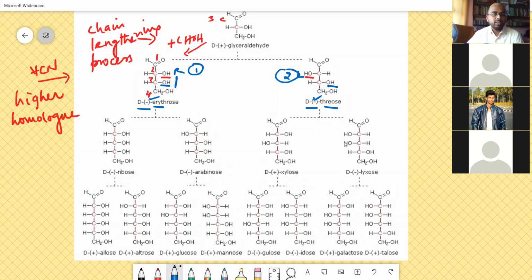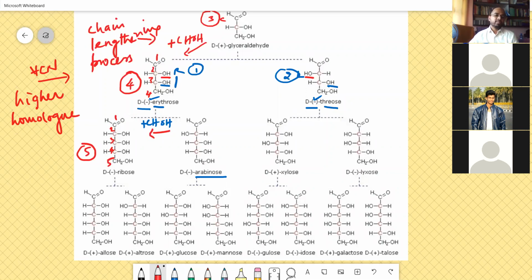Now I'll go to the next isomer. Again, I am adding one more CHOH here. So I am getting 1, 2, 3, 4, and 5 carbon atoms. So it started from 3 carbon atoms, we reached 4 carbon atoms, now we have reached 5 carbon atoms. So we are going on adding CHOH here.